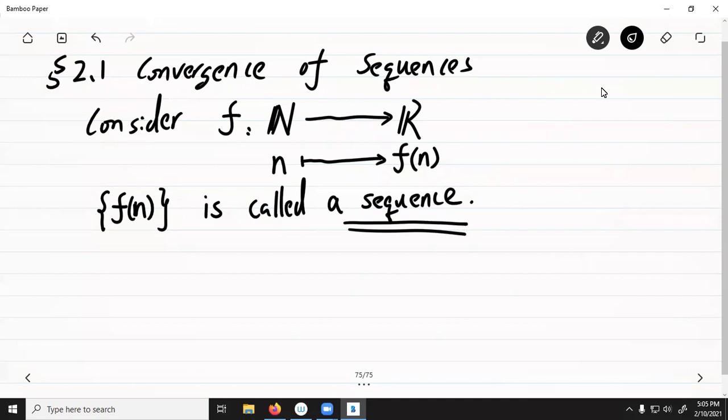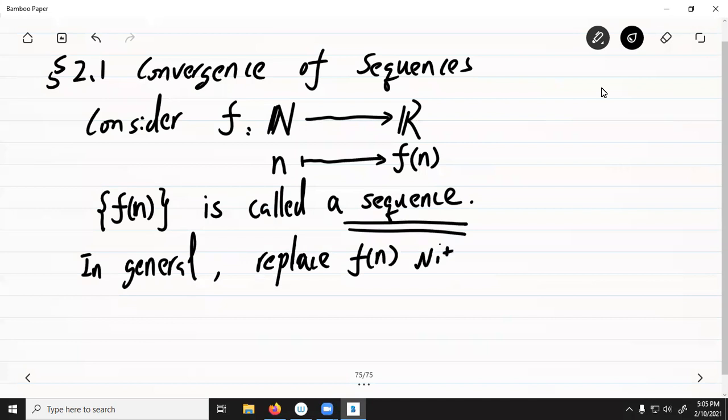This is the definition. In general, we will not write the sequence in this form, but keep in mind that the sequence is actually the set of the images. In general, we will replace this f of n with a sub n.